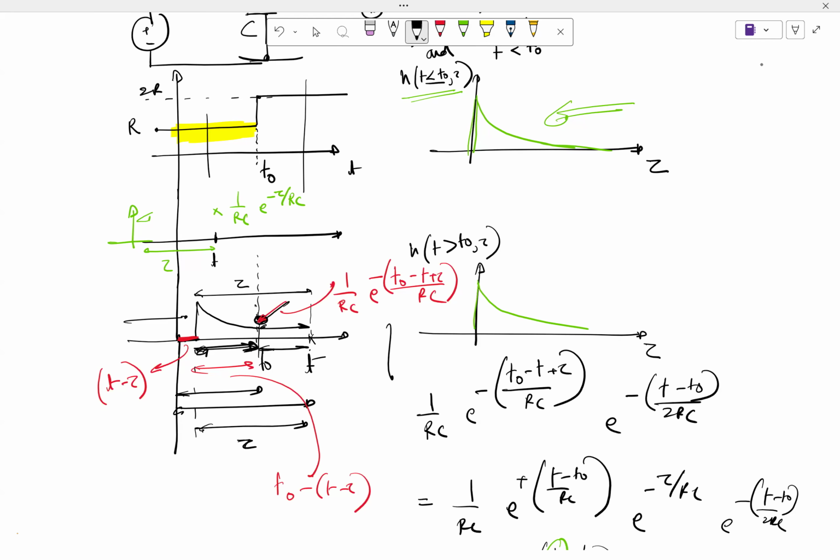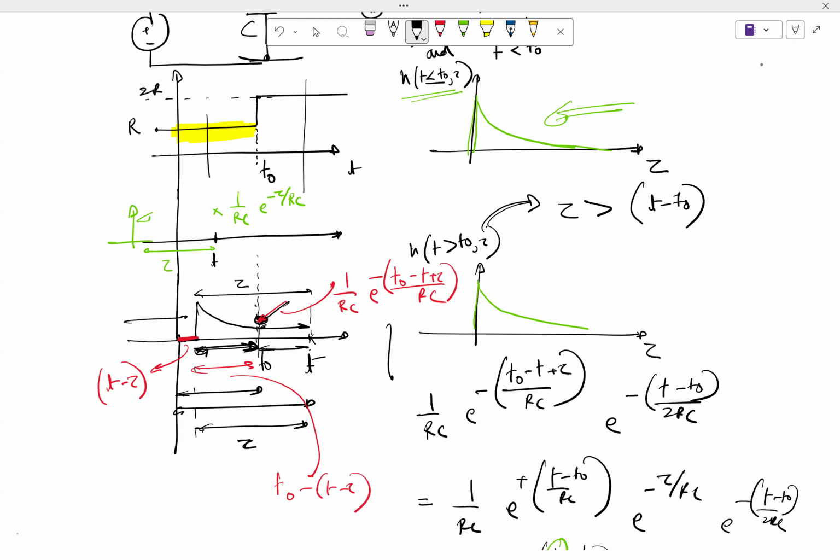The third part that we did not consider till now, which is the easy part, is the fact that here we assumed the impulse has been applied before the system has changed. That is the assumption: tau is greater than t minus t naught. But there is another case in which tau is less than t minus t naught.